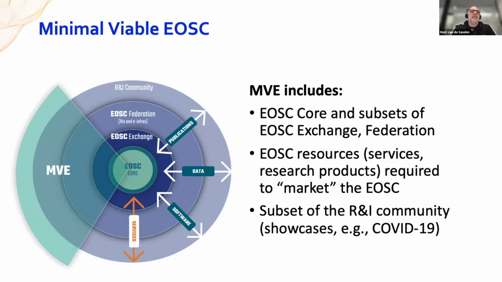Frequently, we use an analogy to explain the EOSC Core or the minimal viable EOSC with a store where you sell different goods or make different goods available. And if you look then at the EOSC Core, it is more the foundation of this store. It will have the building so that you have a store made available, but also you need registries so that you can make services available, but also that those services can be ordered.